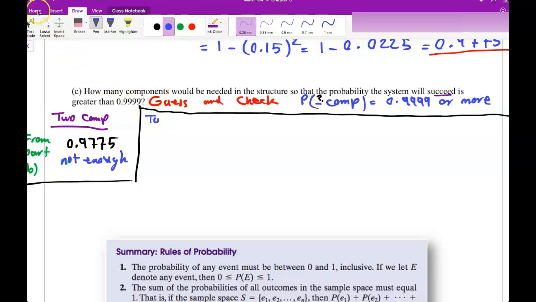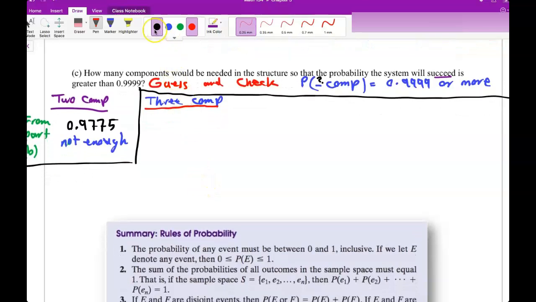Now 3 components. So the probability of succeed is equal to 1 minus the probability of all fail.